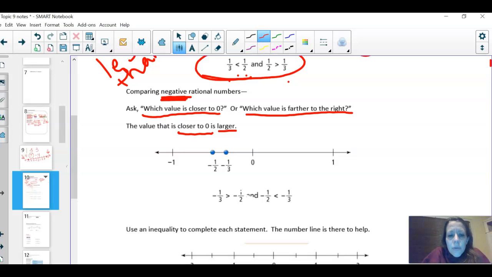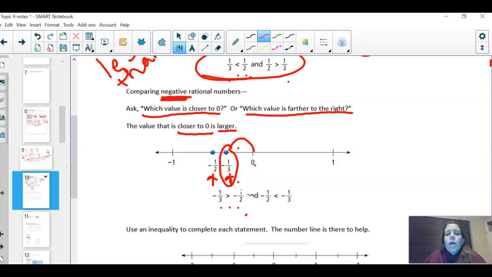So let's look. Y ahora yo tengo negativo 1/3 y negativo 1/2. Y entonces, negativo 1/3 es más cerca de 0. Now I have negative 1/2 and negative 1/3. Because it's negative, I can see which one's closer to 0. Negative 1/3 is closer to 0, so negative 1/3 is bigger than negative 1/2.